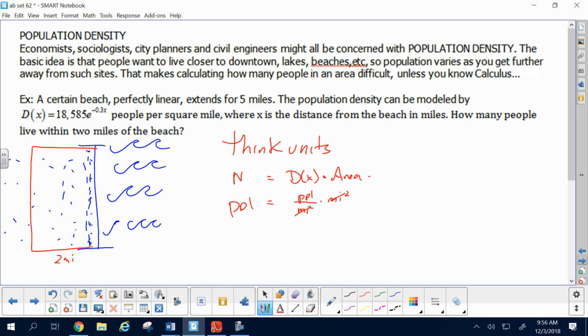Now, I can't just straight up do this function times area because this function is not a constant. It's varying. So that's why we're talking calculus here. Your thought process should be, all right, I want to make this product happen, but one of the factors changes.